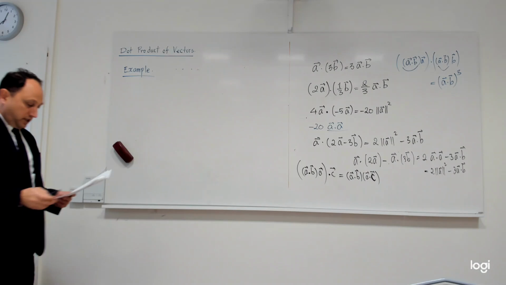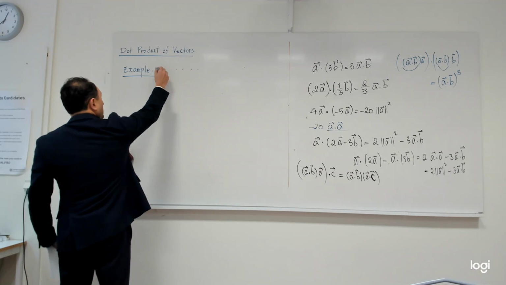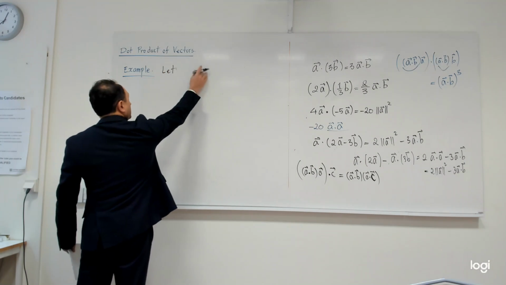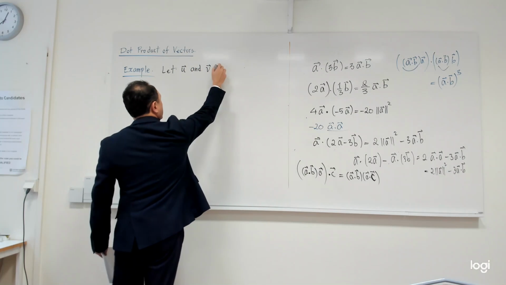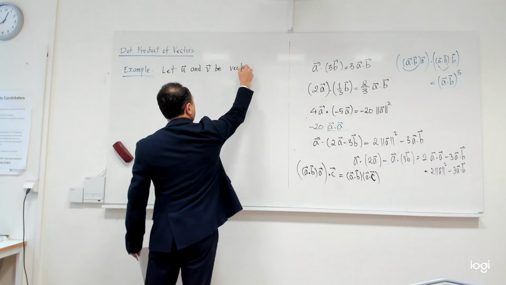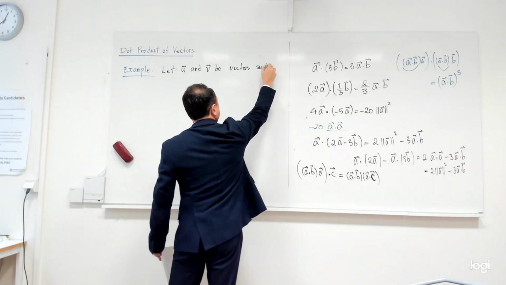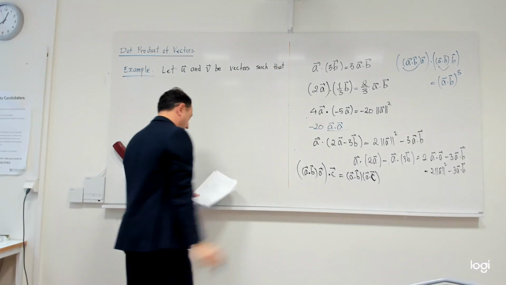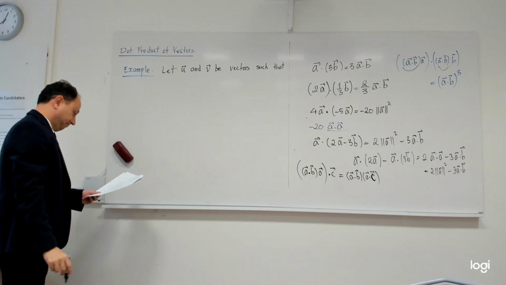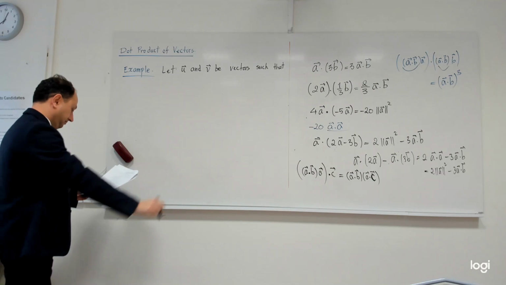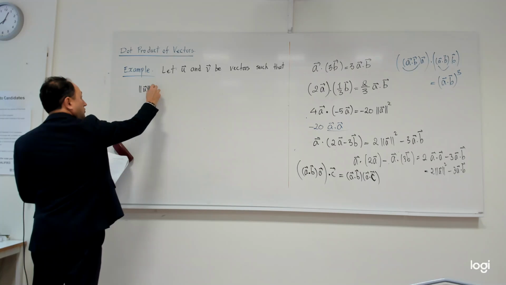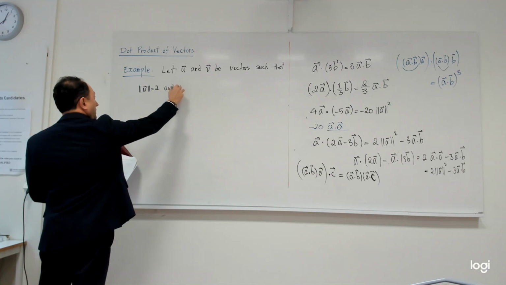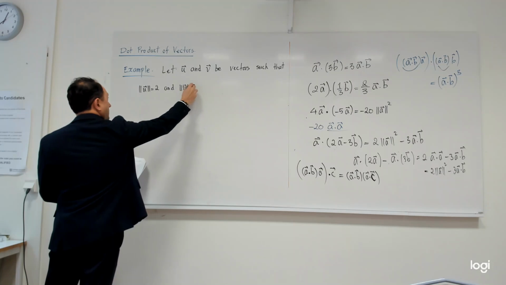Okay, so let U and V be vectors such that norm of U is 2 and norm of V is 3.